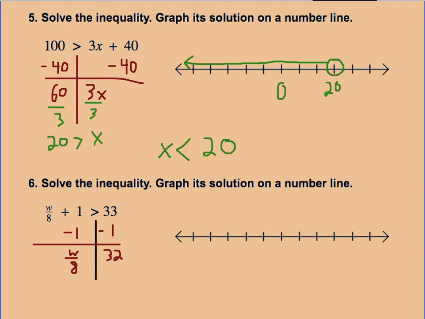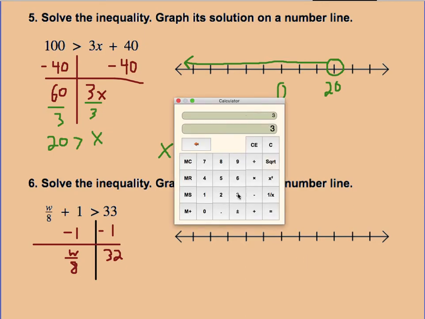So if you need to, I know I'm going to take out a calculator. 32 times 8, we get 256. So show that step, times 8, times 8. I typically do that in parentheses as well. You don't need to, but you could. 256. And we multiplied by a positive number, so that inequality sign stays as it was.